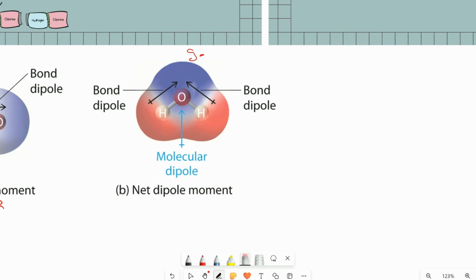When there is a very electronegative atom and hydrogen, there's going to be a strong pull of electrons towards one side. So there's a very strong partially negative side. This is the delta negative, this is the delta sign, and delta positive. So there's a very strong polarity.